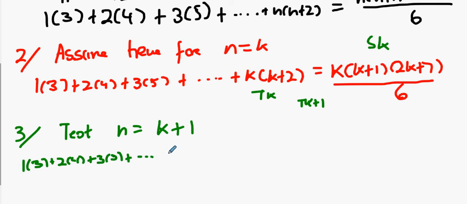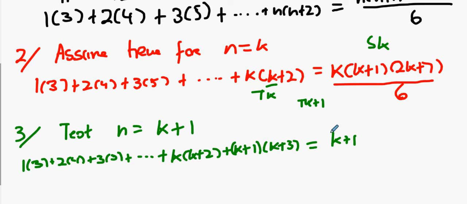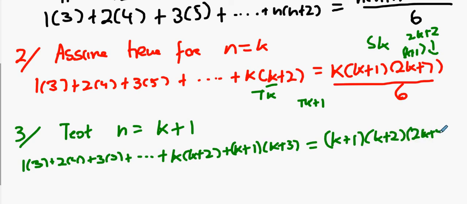Here comes the tk value, k times k plus 2. And then we're going to have tk plus 1, which means replace all k's with k plus 1s. Please remember your brackets, lads. And that k is going to be k plus 3. Equals, replace all k's with k plus 1, so it's going to be k plus 1 by k plus 2. Now 2 times k plus 1, because that's k plus 1 times 2, is going to be 2k plus 2. Then plus your 7 is 2k plus 9. That's all going to be divided by 6.